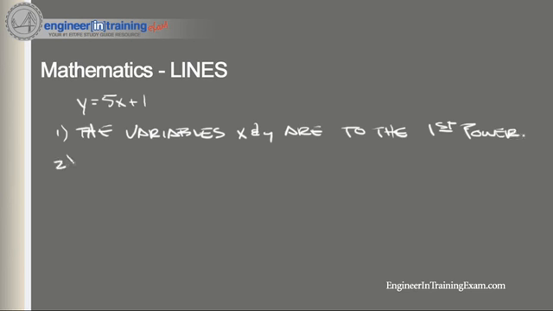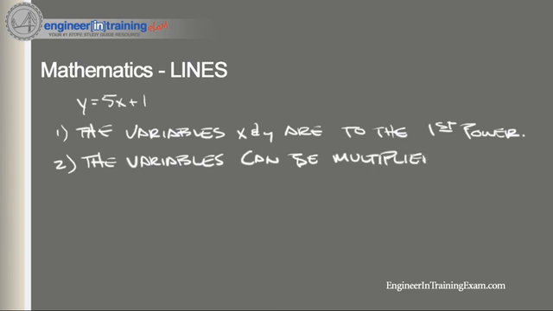The second rule is that the variables may be multiplied only by real numbers.